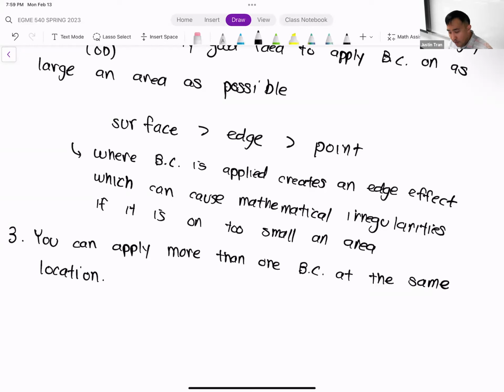What you do have to be careful of is that you don't apply both a constraint type boundary condition and a load type at the same location.